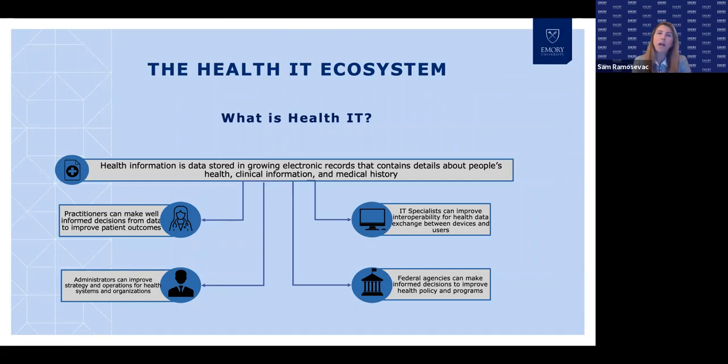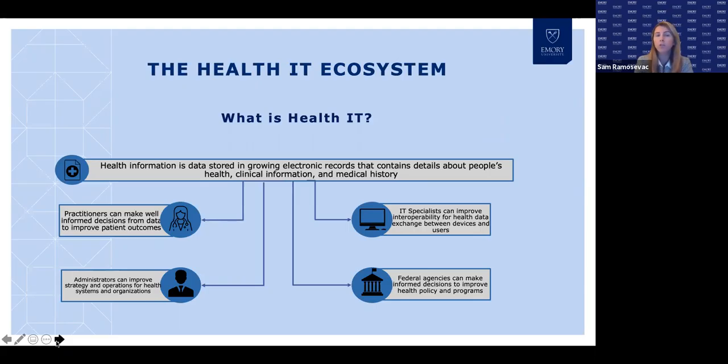So when it comes to the health IT ecosystem, what is really health IT? Health IT is health information and data that is stored in growing electronic records that contain details about people, health, clinical information, and medical history. We're going to look into practitioners, how they can make well-informed decisions from data in a way that they can improve patient outcomes.